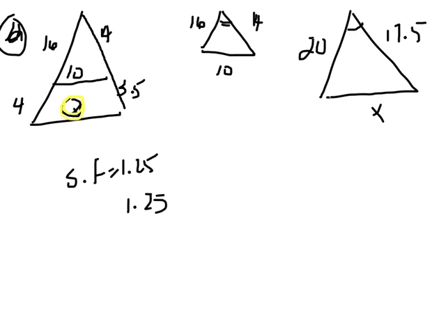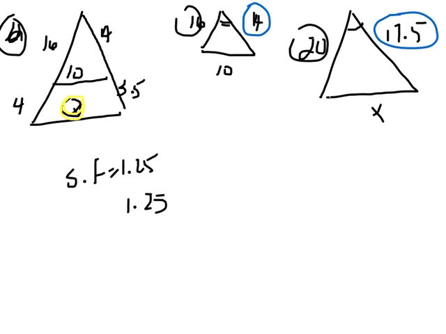So the reason I know that these are similar and that I can do proportions is that this and this have a scale factor of 1.25, and then this and this also have a scale factor of 1.25.